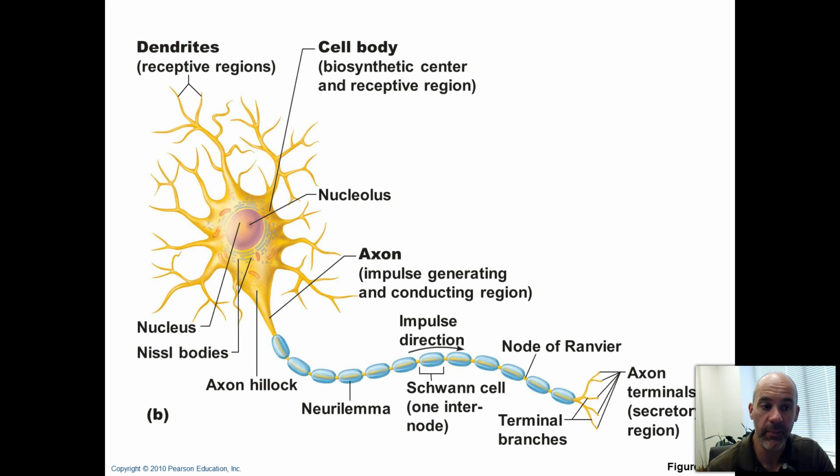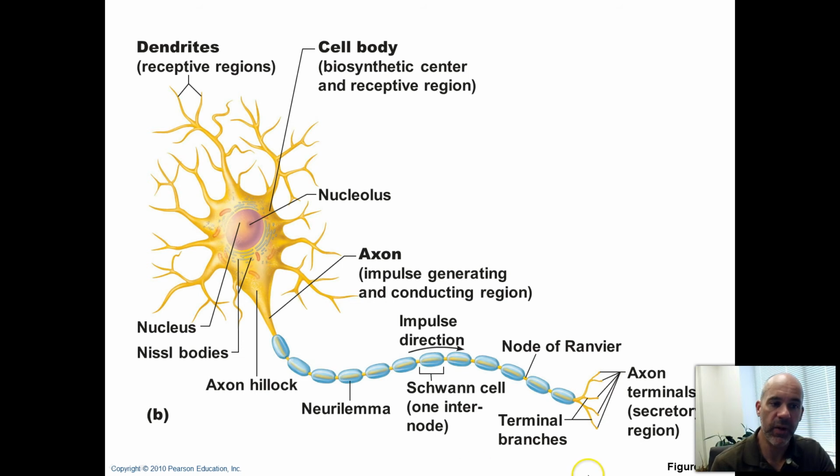Might be a gland, it might be a skeletal muscle fiber like we learned about last time, or many times it's just another neuron. And when we learned the motor neuron skeletal muscle fiber story in Unit 4, from these axon terminals, hopefully you remember acetylcholine was the chemical that was being secreted. So that is a type of neurotransmitter.